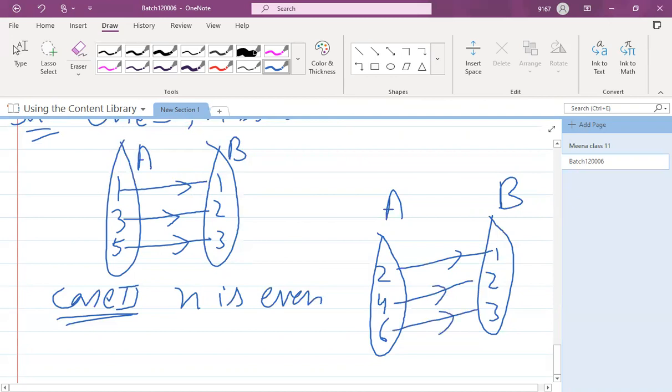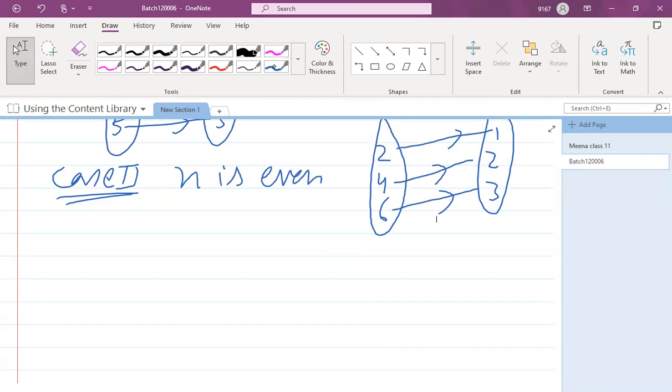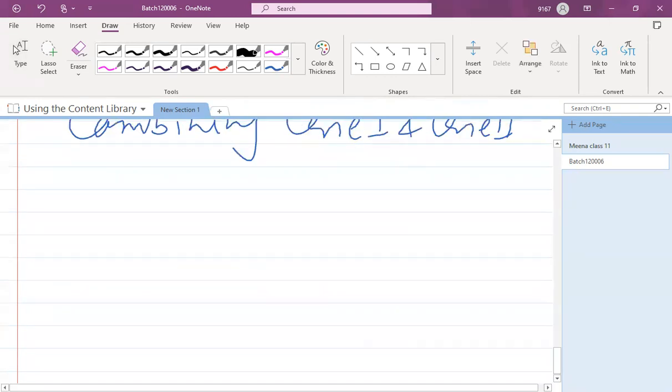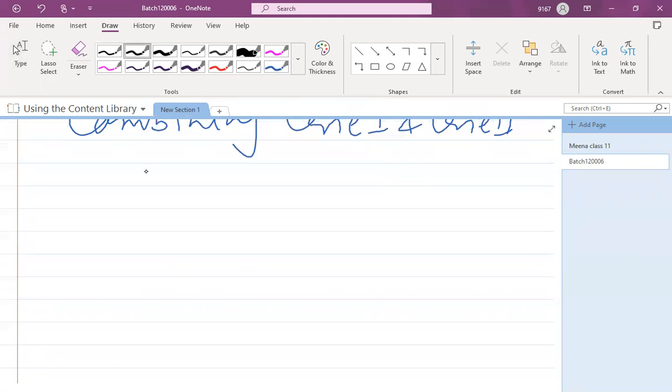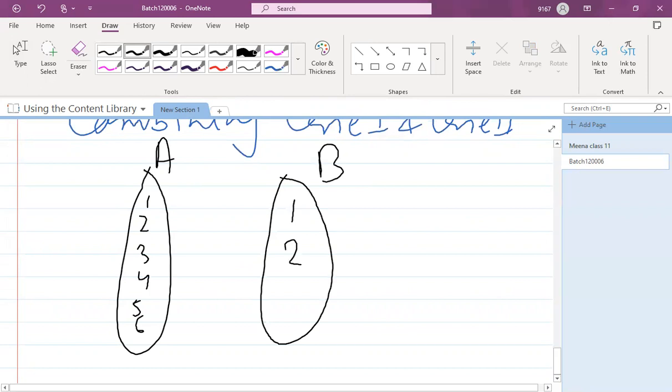Okay, combining case 1 and case 2, we have values on set A as 1, 2, 3, 4, 5, 6, and in set B we have just 3 elements.